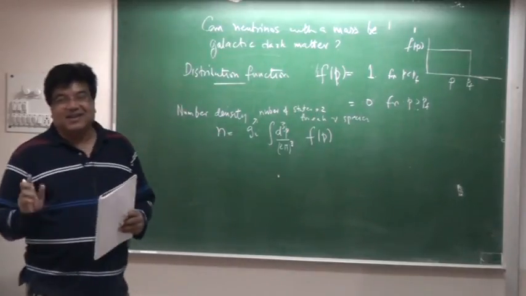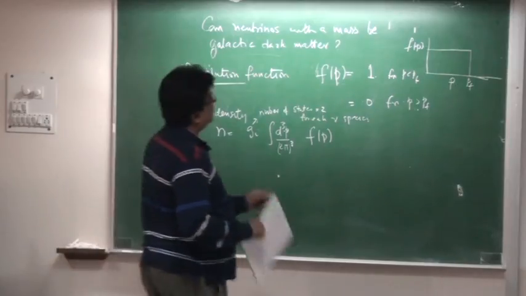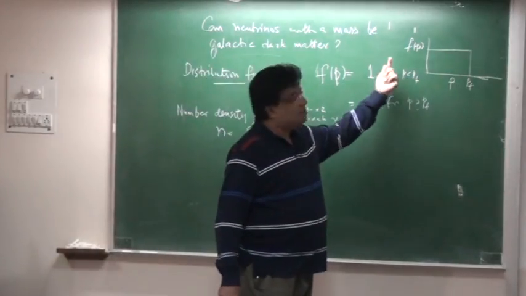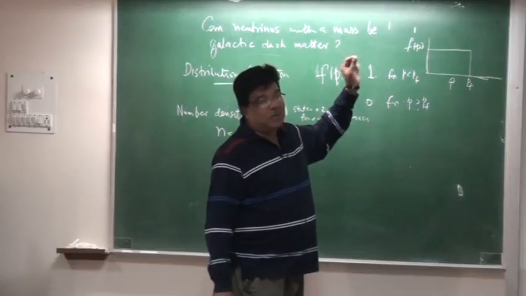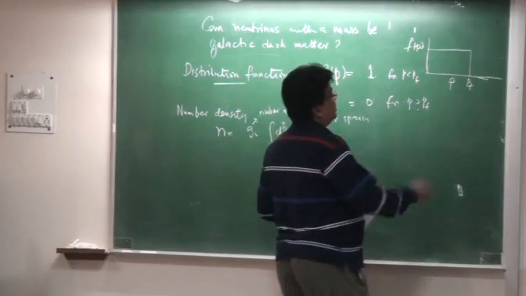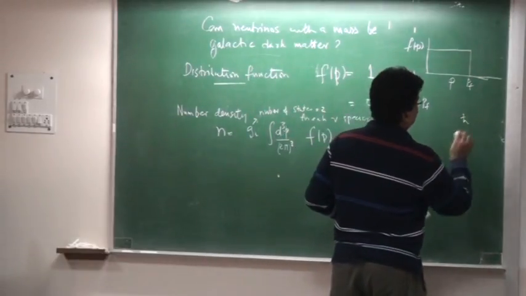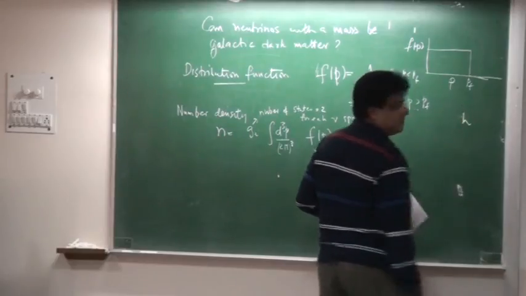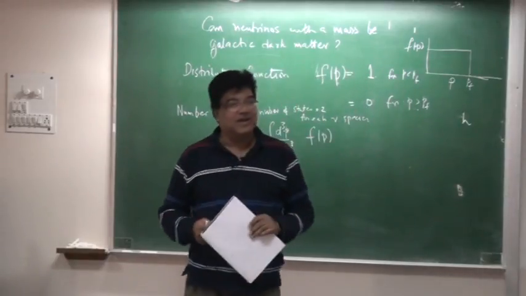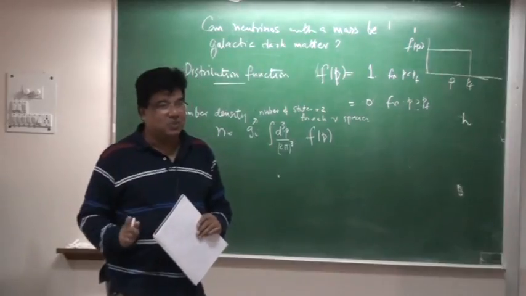The distribution function tells you it is 1 particle per unit momentum per h cube. We are using the unit h cross is equal to 1, where h cross is h upon 2 pi.